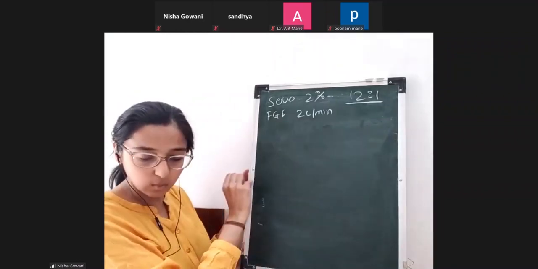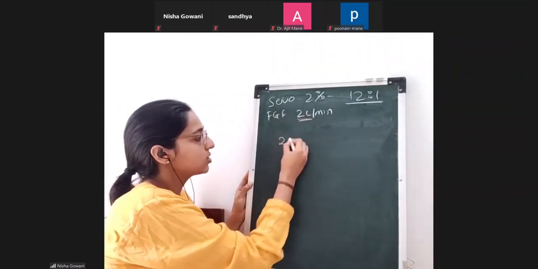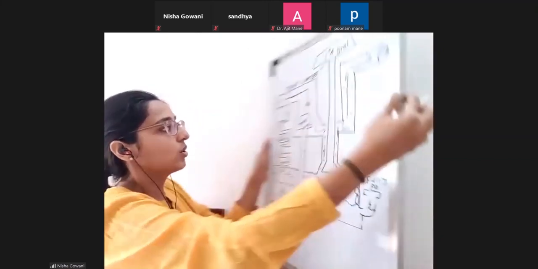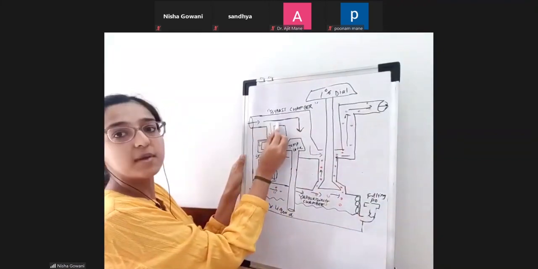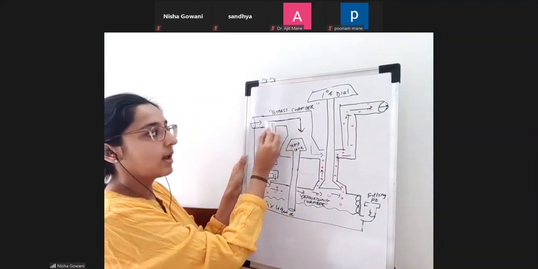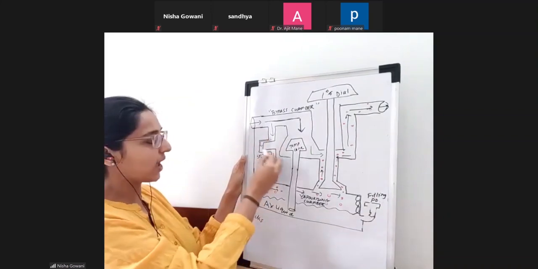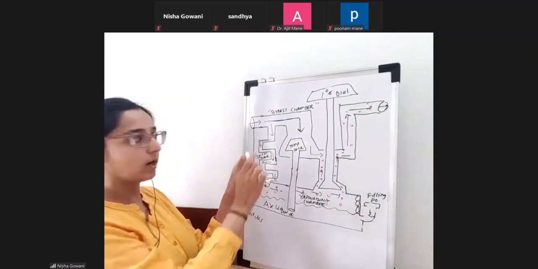Which means what? That this 2 liters, which is 2000 ml of incoming fresh gas, is coming over here. It's going to get split to bypass and vaporizing. This is just a channel to reach here. Don't be afraid of this spiral tube.